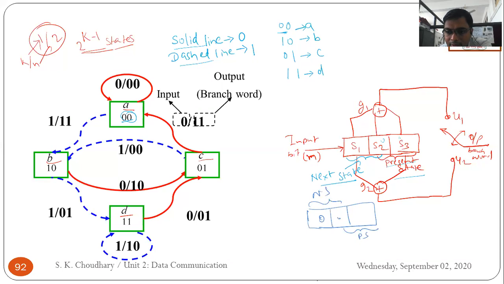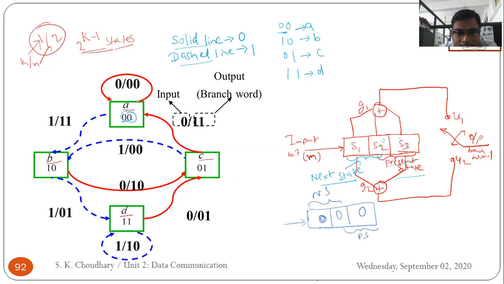So the present state is initially all 0, 0, 0. The first block is the representation of the input. The input is 0. So at that moment, your next state is 0 0, which is the representation of your next state.